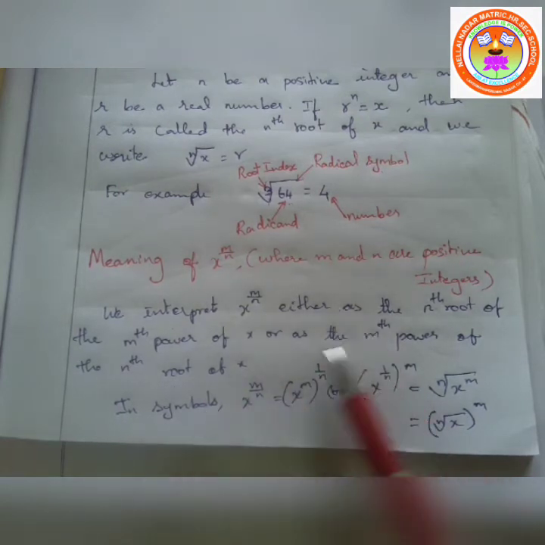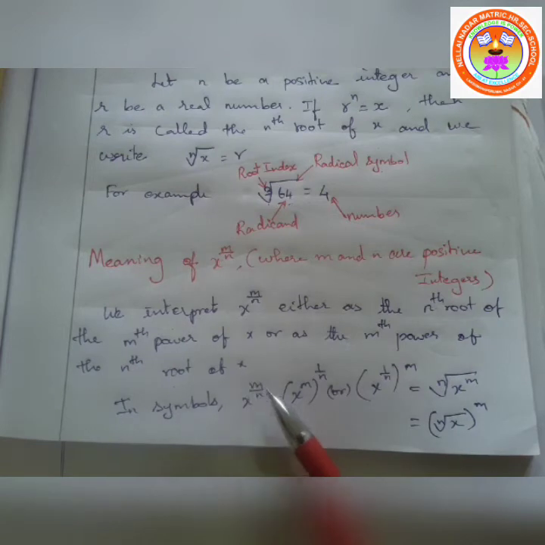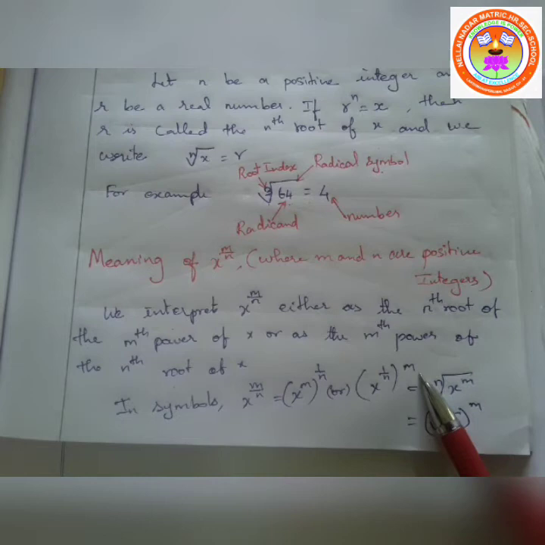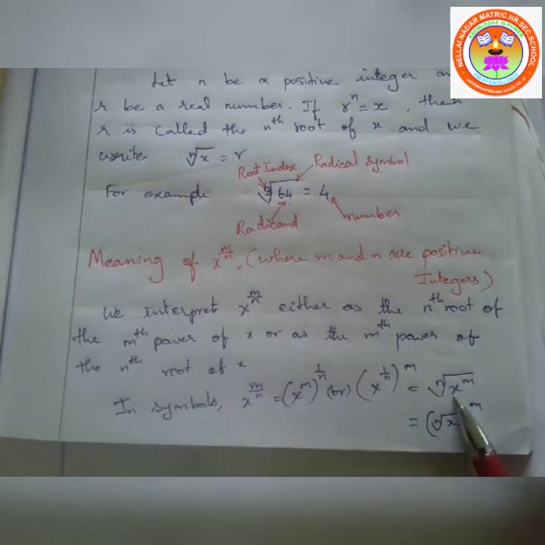Are you able to understand? This is only what I wrote in this definition. X power m by n, we can write in the format of x power m the whole power 1 by n, or x power 1 by n the whole power m. Which is equal to nth root of x power m. This also can be written as nth root of x the whole power m.